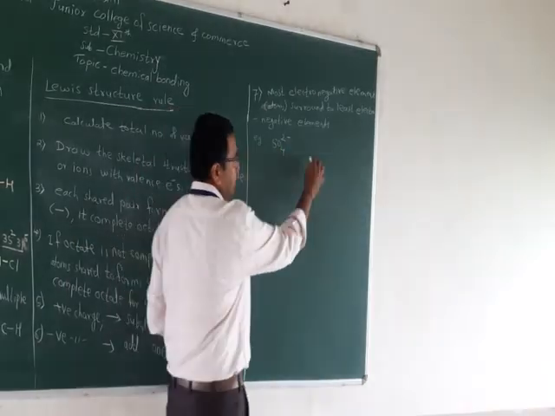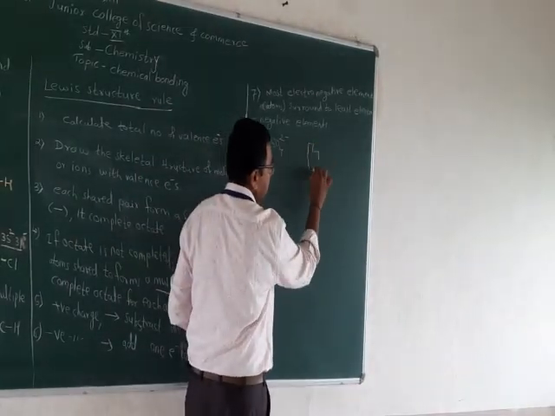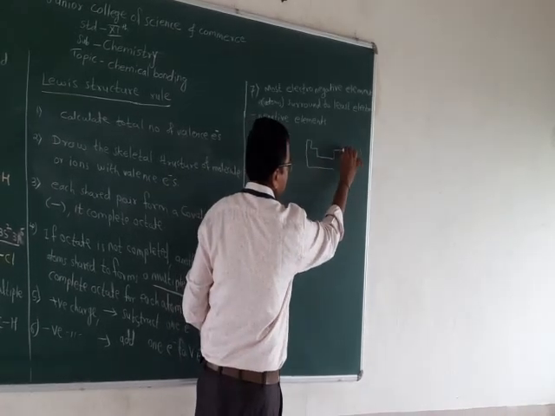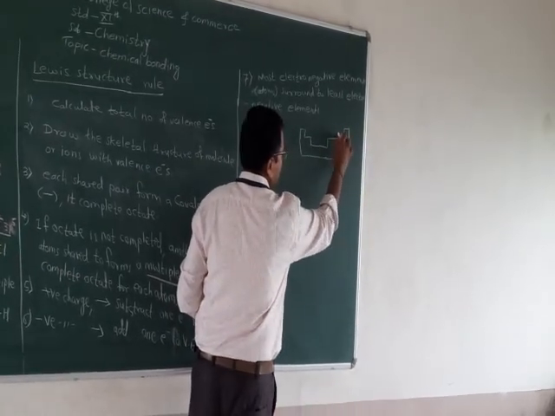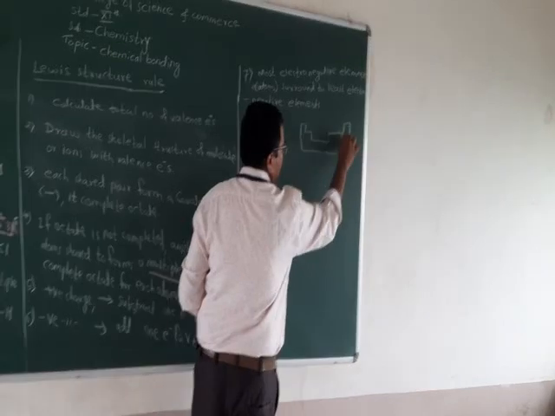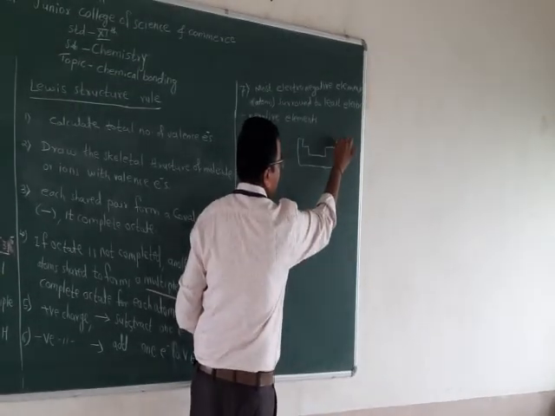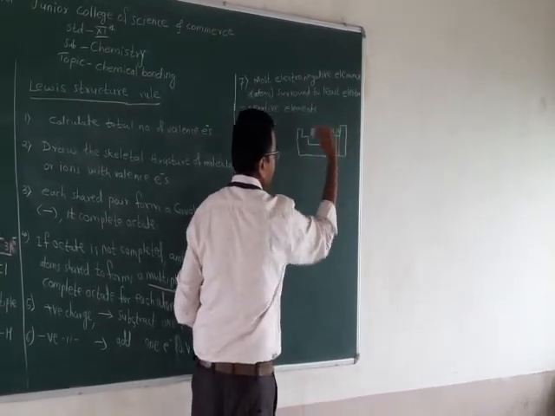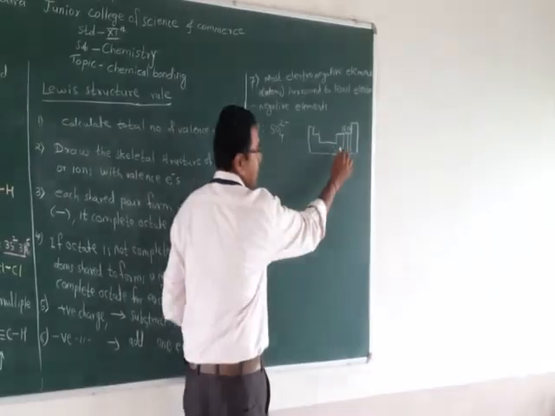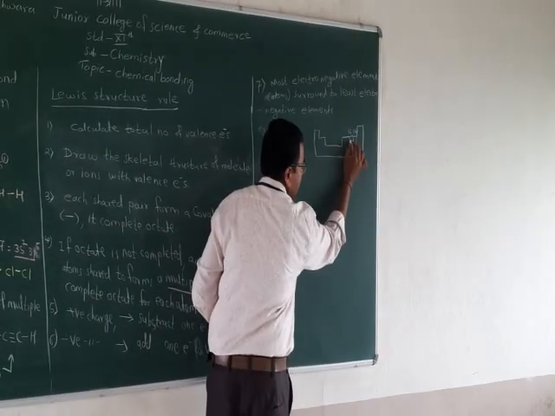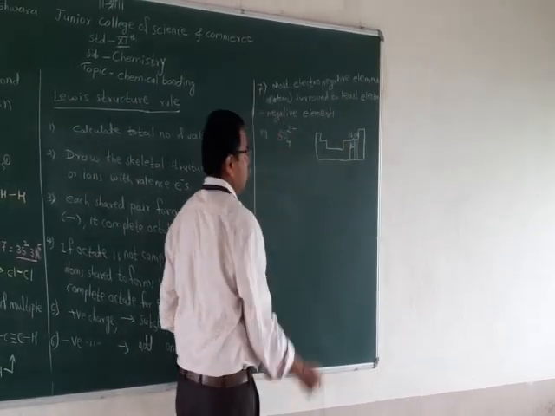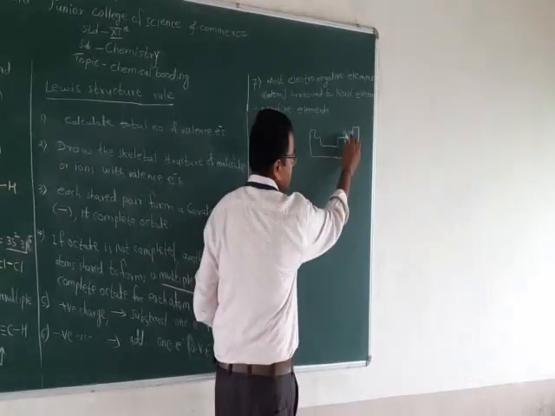In our periodic table, there are the 17 group elements and these are the 16 group elements. Sulfur is the second member of the 16 group elements. Oxygen is the first element of these 16 group elements.